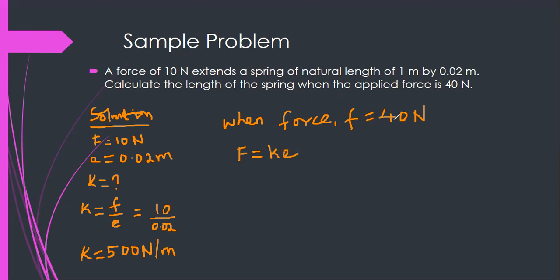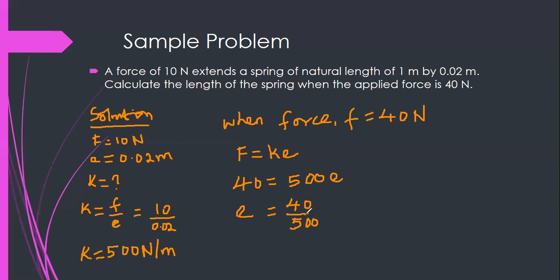The first line is we're looking for the length. The force is 40, so we just substitute again. 40 equals the spring constant multiplied by the extension E that we're looking for. So our E is going to be 40 divided by 500.